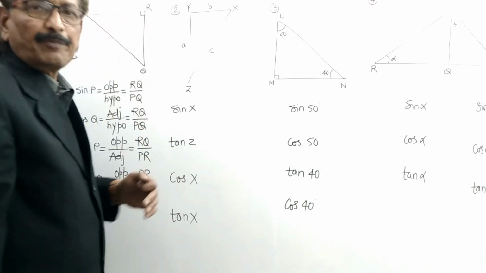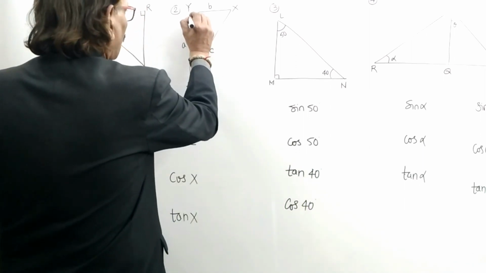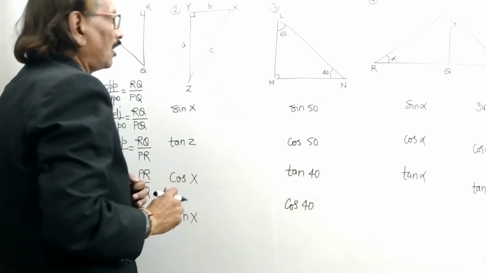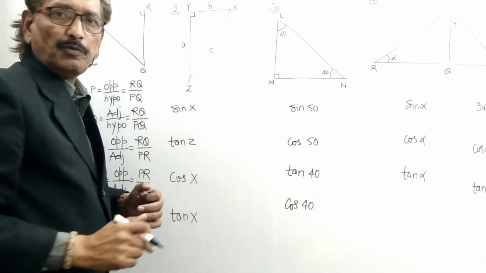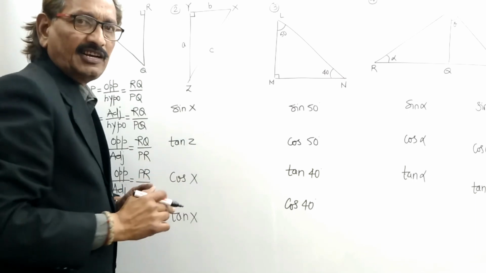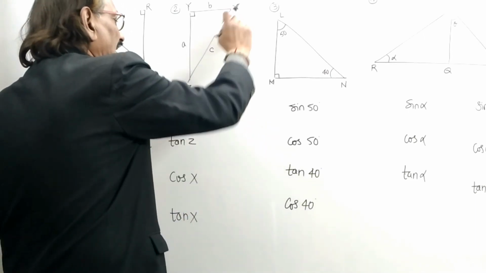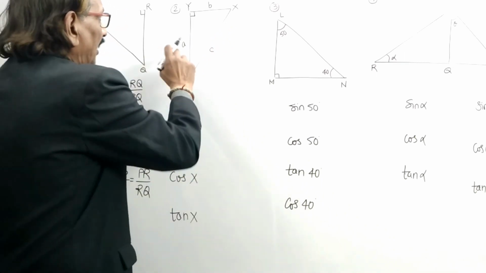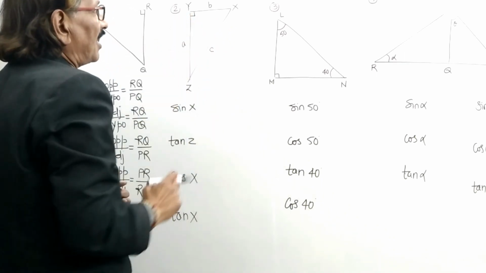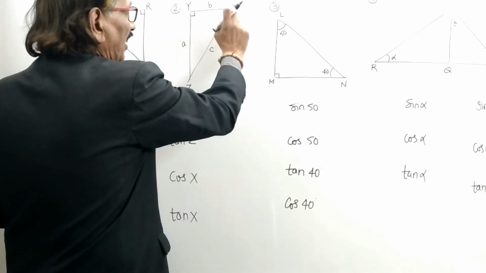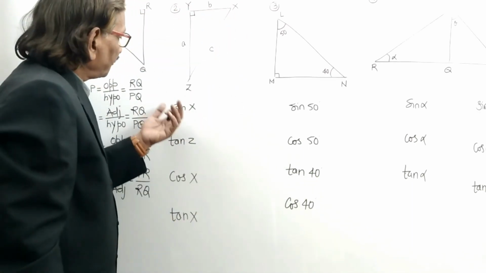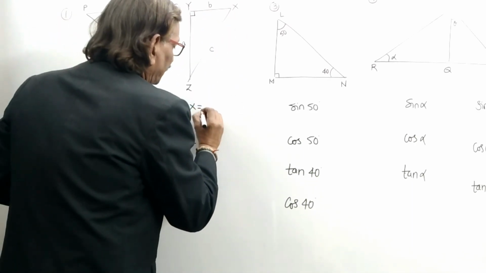Let us see the second problem. Triangle XYZ with angle Y as 90. Here C is the measure of XZ, A is the measure of YZ and B is the measure of YX. Sin X is expected.